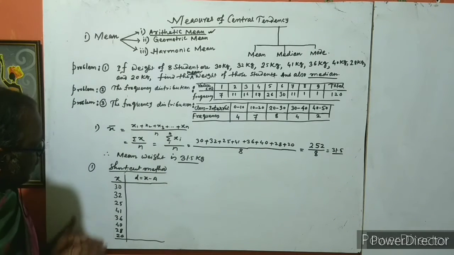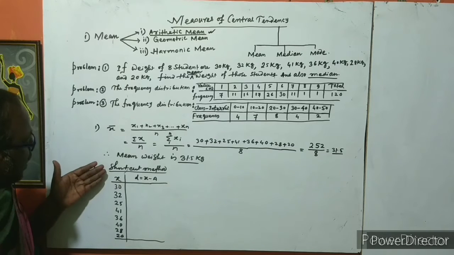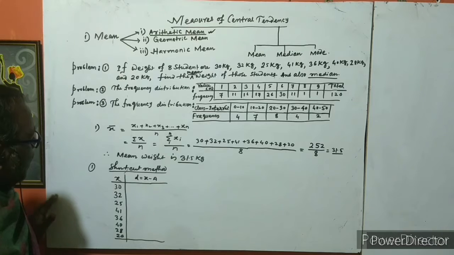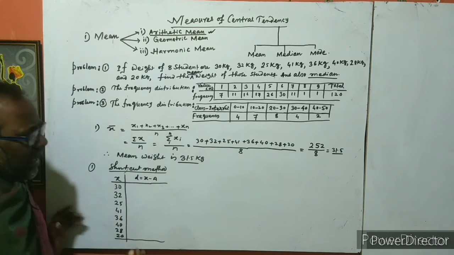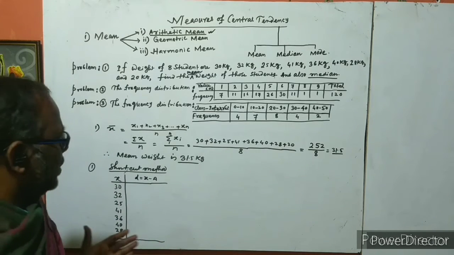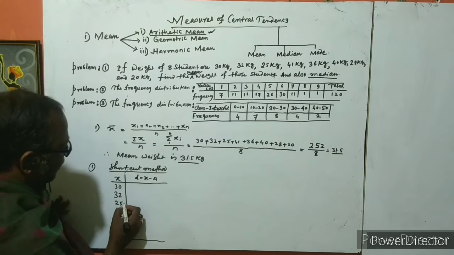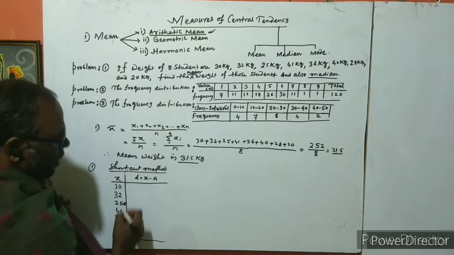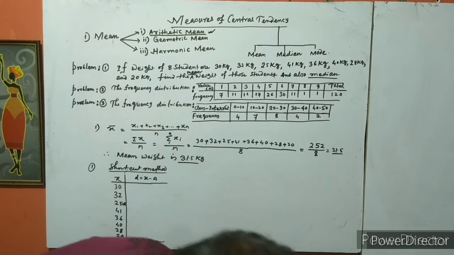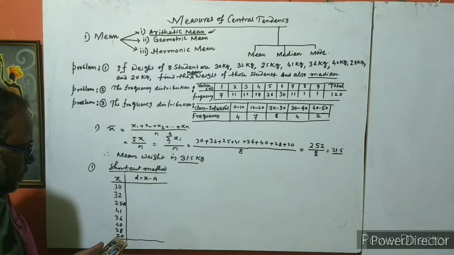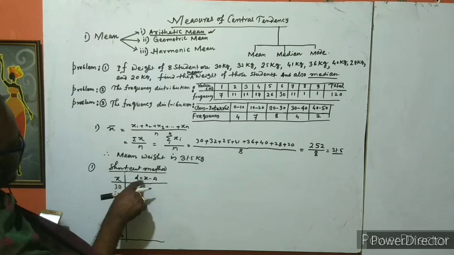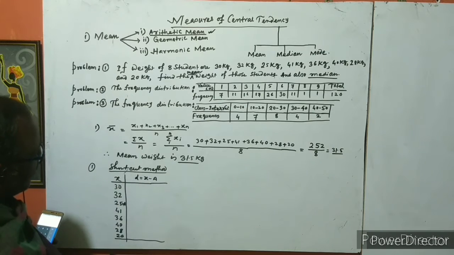But now we are using this data in the order which is given there. Let us assume you can subtract any data. So let us assume a is 25. Then we get here 30 minus 25. See, this is d, this is the column of d.